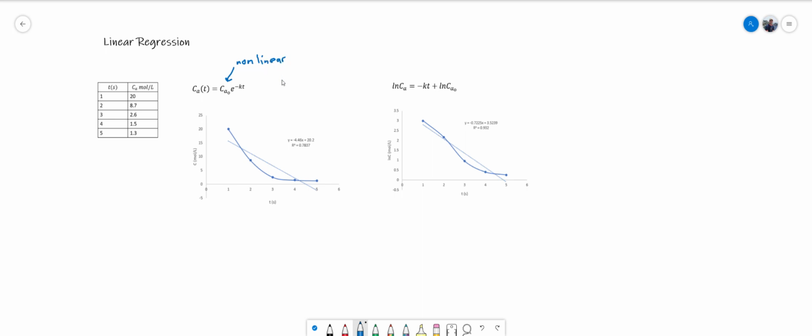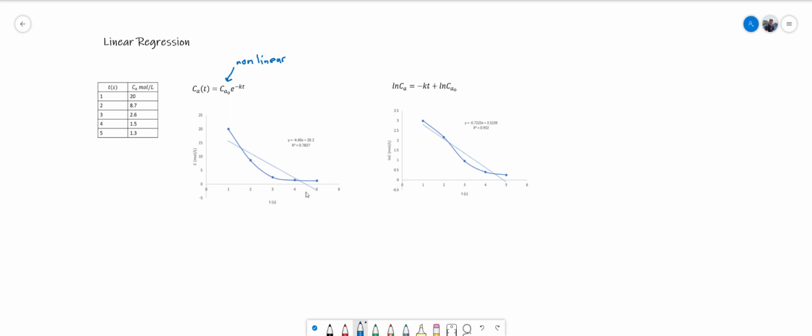If I were to plot this data as concentration versus time, I would see that my data points fall like this. We've done this in our Excel labs before the break.